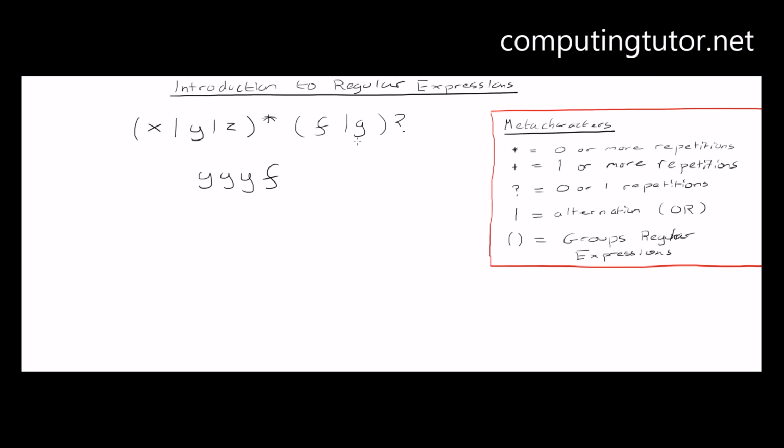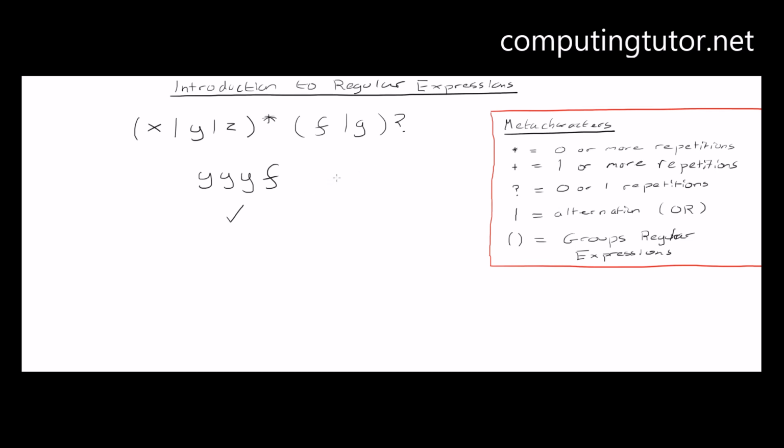And in this part of the regular expression here, I can have 0 or 1 repetitions of f or g, and I've got 1 repetition of f. So this string meets the criteria of this regular expression here.